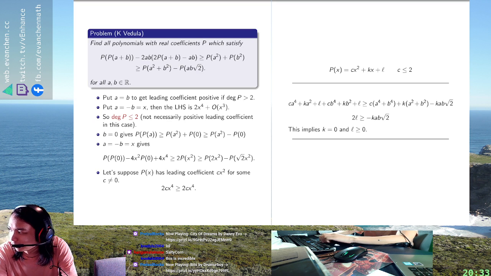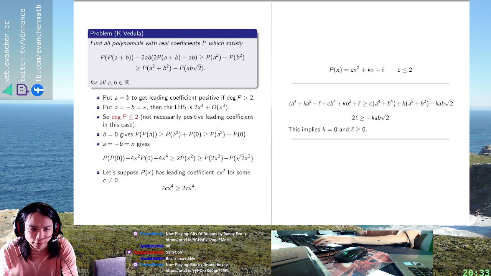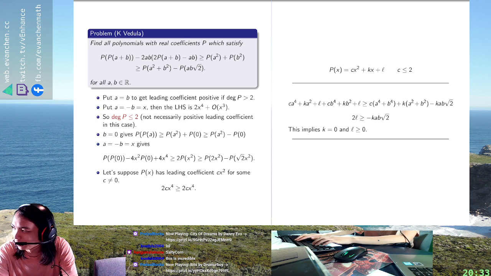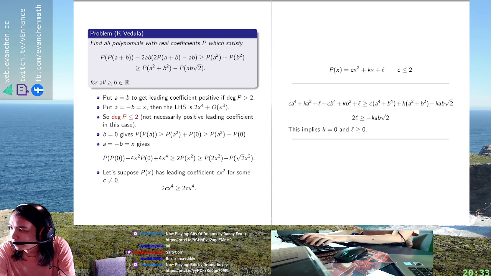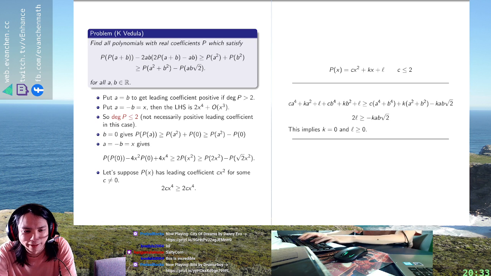Alright, so we continue the expansion marathon, alright? So, P of A plus B is c of everything squared. c, A plus B squared plus L, minus 2AB times 2 times c, A plus B squared plus L, minus AB.